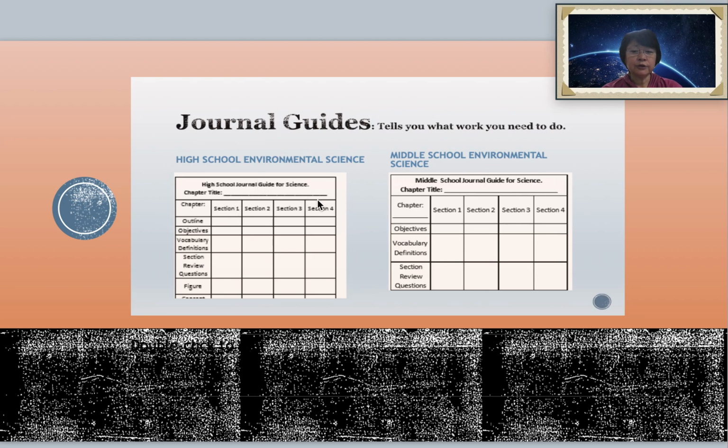For high school students, for section 4, we'll cover the objectives, the outline, the vocabulary definitions, the section review questions, and the figure. While we are covering these, the middle school students will pay attention to the objectives, the vocabulary definitions, and the section review questions.